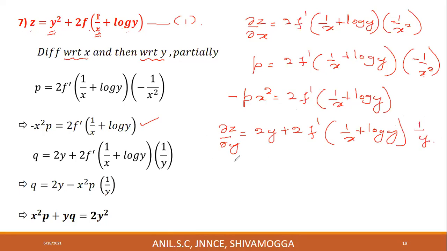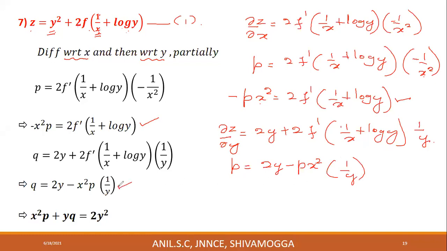And we know that del z by del y is denoted by q. q is equal to 2y plus 2 into f dash 1 by x plus log y. This 2 into f dash 1 by x plus log y is denoted by minus px square, into 1 by y.